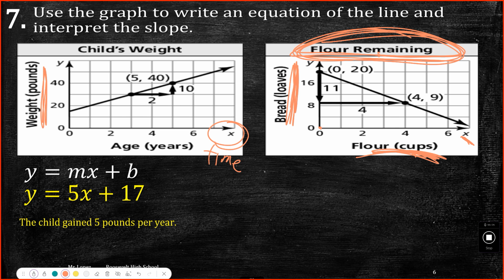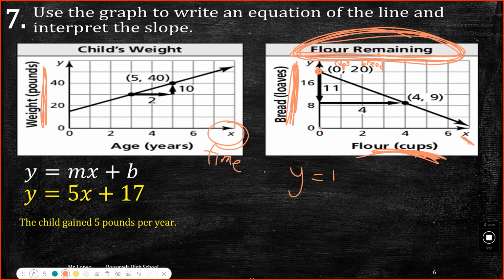So the independent and dependent variables are different. Once there were no cups left of flour, we had made 20 loaves of bread. You see that? 0 cups left of flour, we had made 20 loaves of bread.